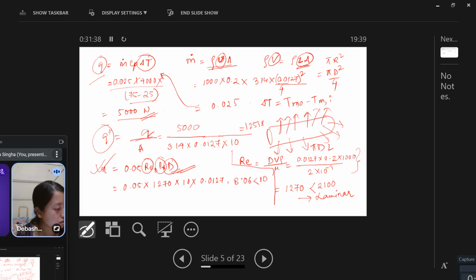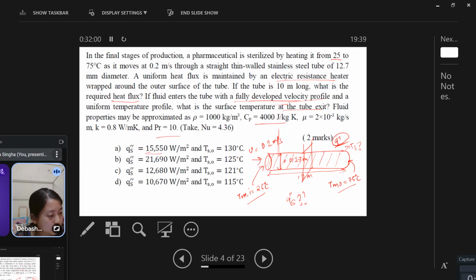Tube length was 10 meter, and this is 8, so it is less than. So it is fully developed. By the time the fluid reaches the whole length of the pipe, it is already fully developed. So for fully developed conditions, they have given everything actually.